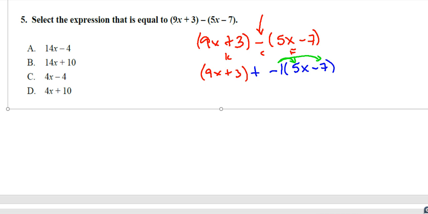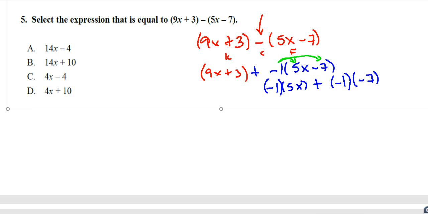If I just focus on the distribution over here, negative 1 times 5x plus, when you distribute, you keep the sign to the left, plus negative 1 times negative 7. I'm only putting the negative 1 in parentheses just to remind us that it's multiplication. That's not anything significant. So negative 1 times 5x, negative 1 times negative 7.